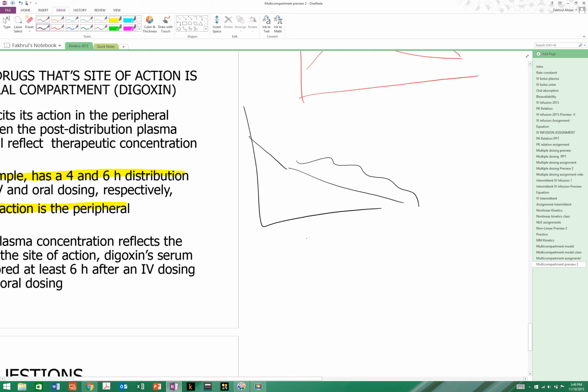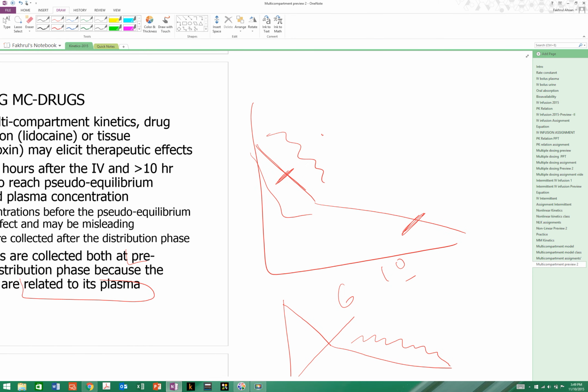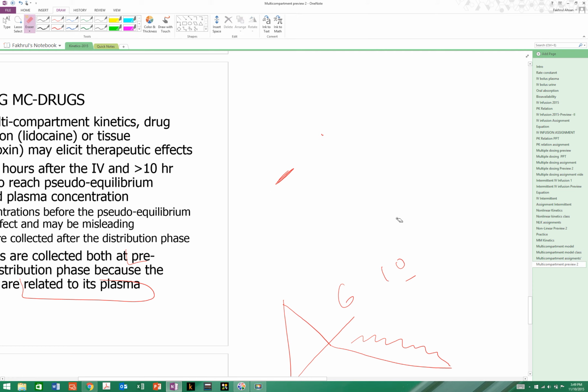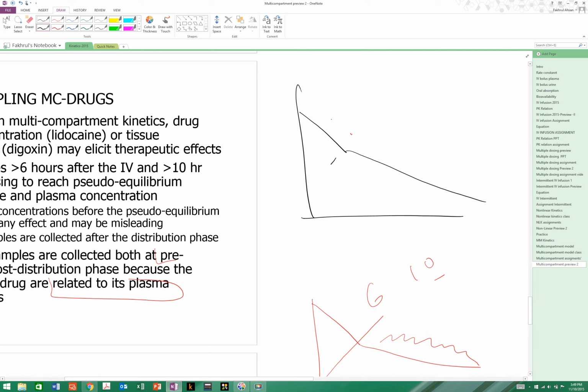But in the case of lidocaine, it works theoretically in the central compartment, but as we cannot monitor the central compartment only, we have to see the concentration, it cannot go up or down below the plasma concentration.